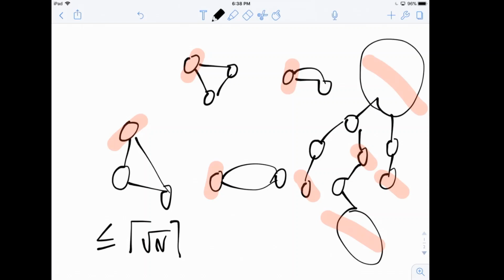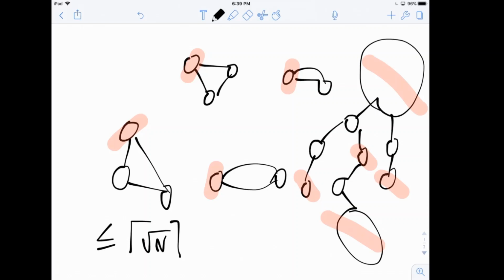However, not all nodes are part of simple cycles, right? So how do we prove that from the tree-like structure, we're taking enough nodes? The answer is, during a contest, you're not going to go for a super in-depth proof and everything. But the idea is you're taking about half of the nodes.